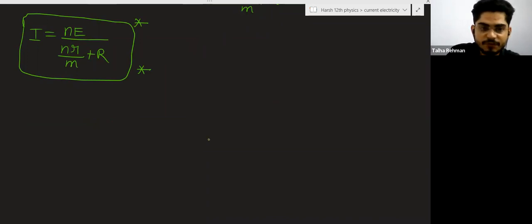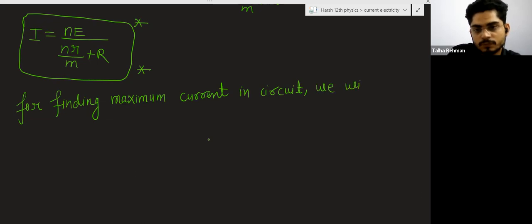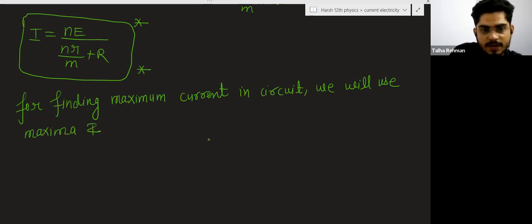So if we want to find the maximum current in the circuit, we will use maxima and minima.